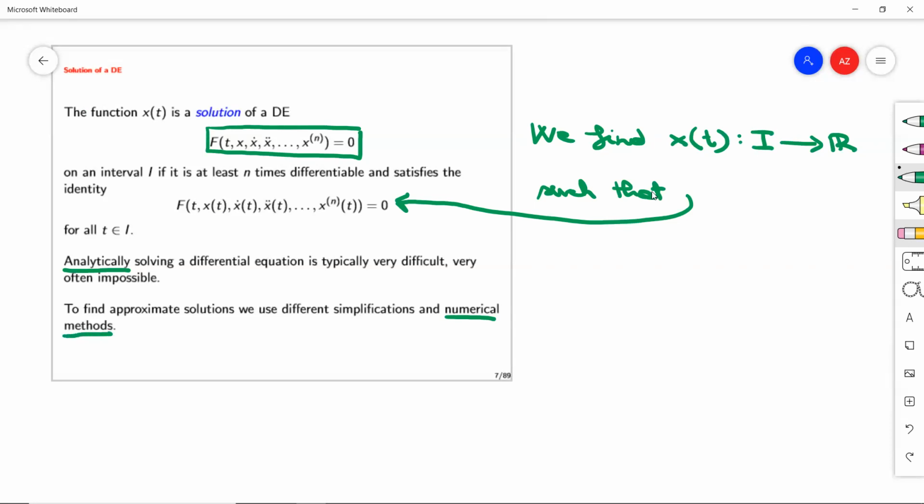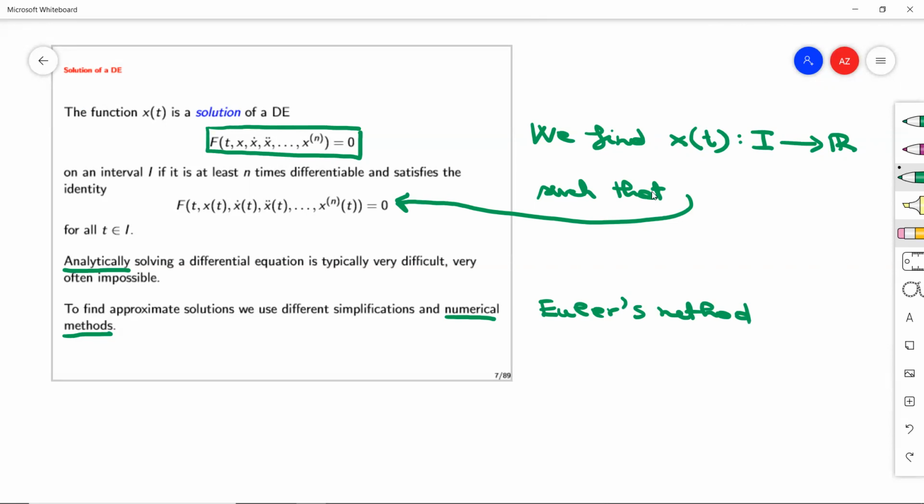So numerical methods, the most basic one is Euler's method. This is a very basic method, very easy to understand, but it's not very practical because we make a big error using Euler's method.